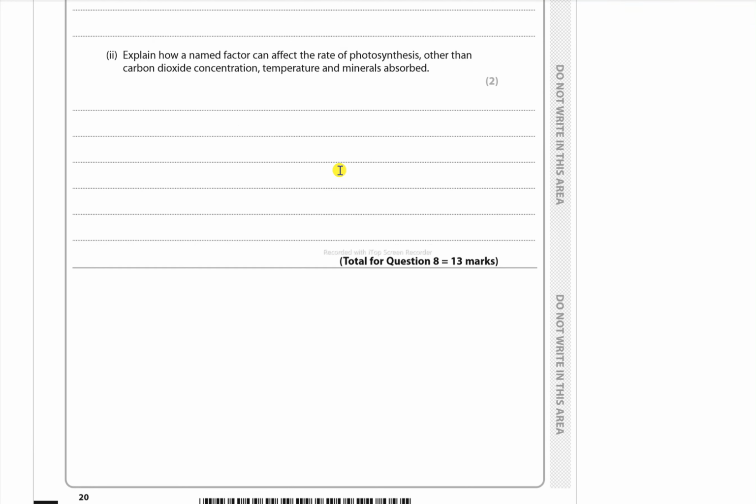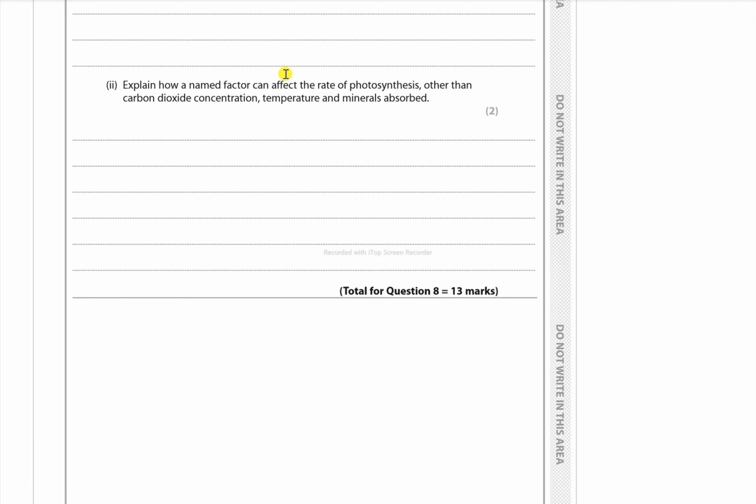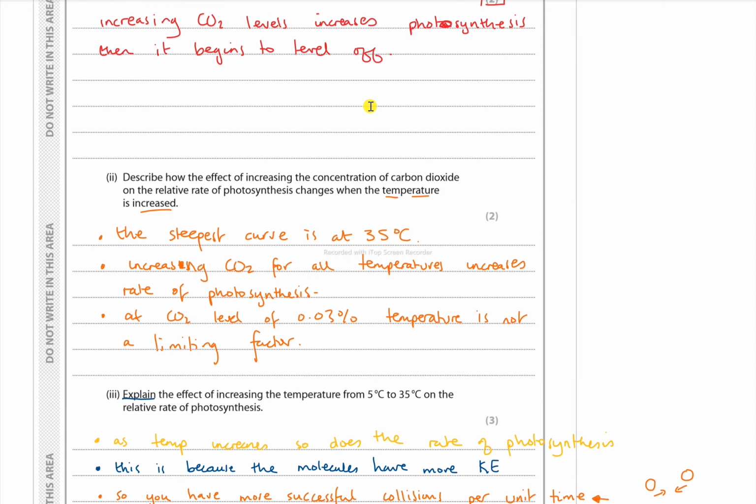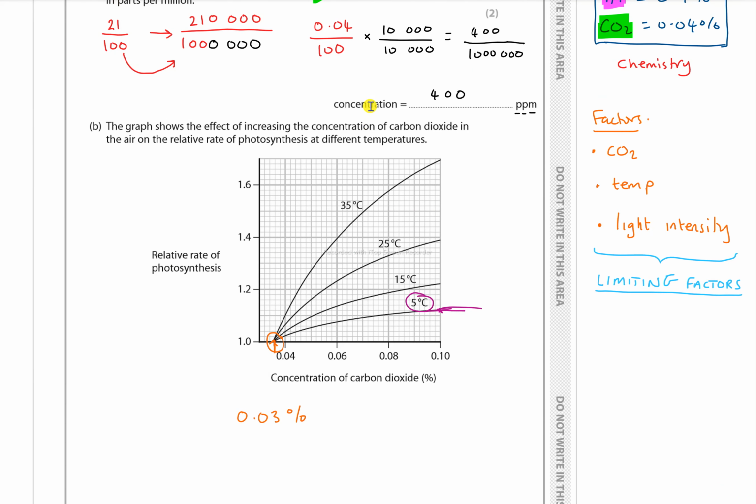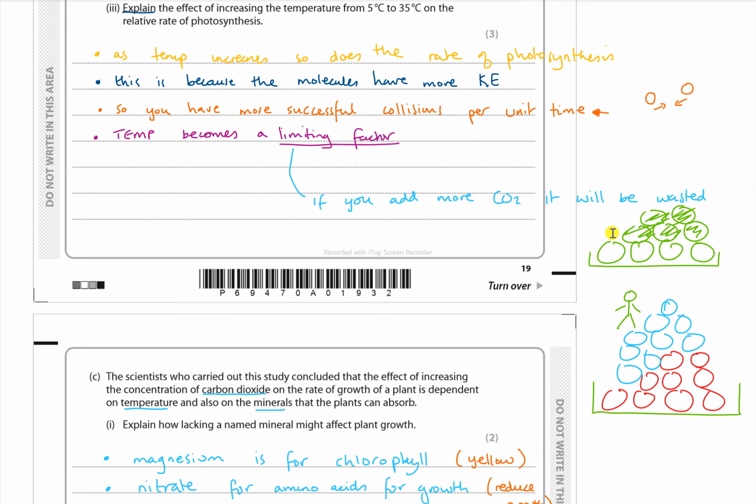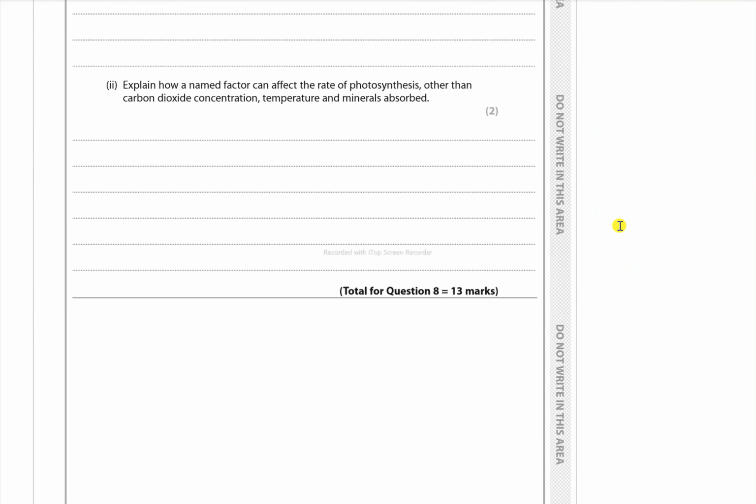Okay. Explain how the named factor can affect the rate of photosynthesis other than CO2 and temperature. What did we say about that? We said CO2, temperature and light. Now they've also introduced minerals, but let's look at light.